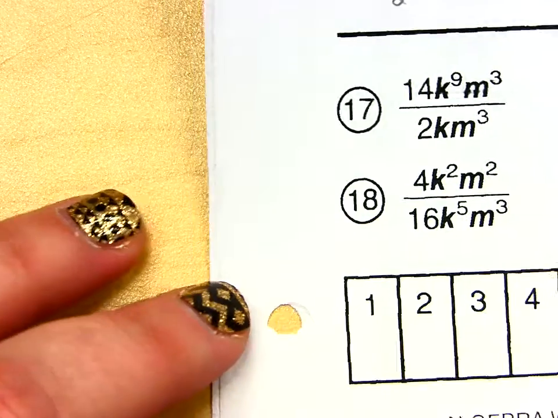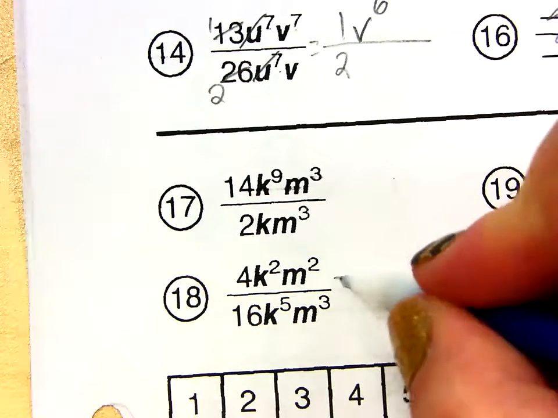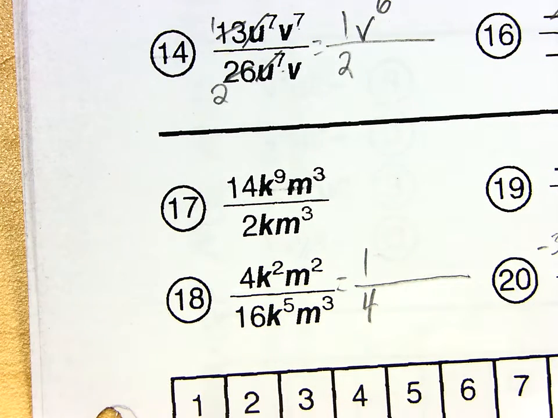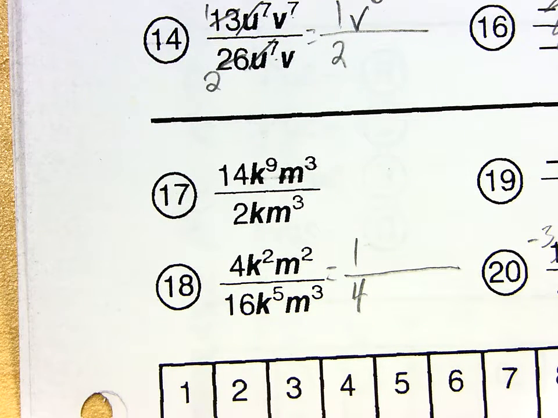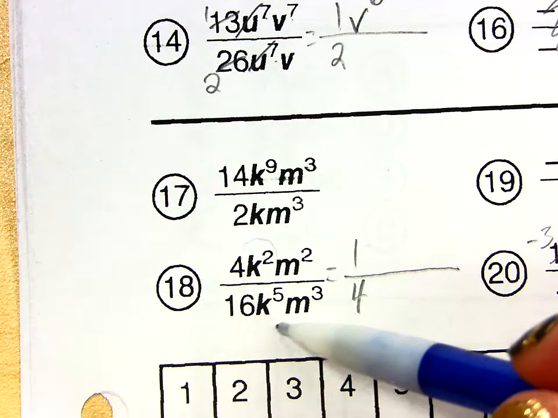Let's do one more. How about 18? 4 over 16. Liliana, what does 4 over 16 reduce to be? 1/4. The K's. Look at the K's. I'd be left with K to the what, and where is it? Matt. You can do it right now.